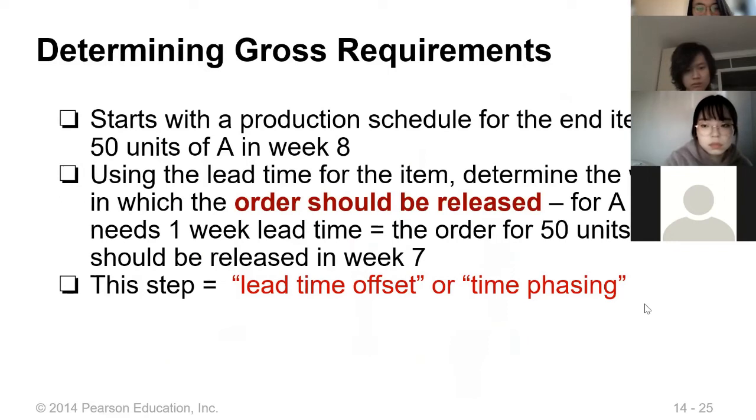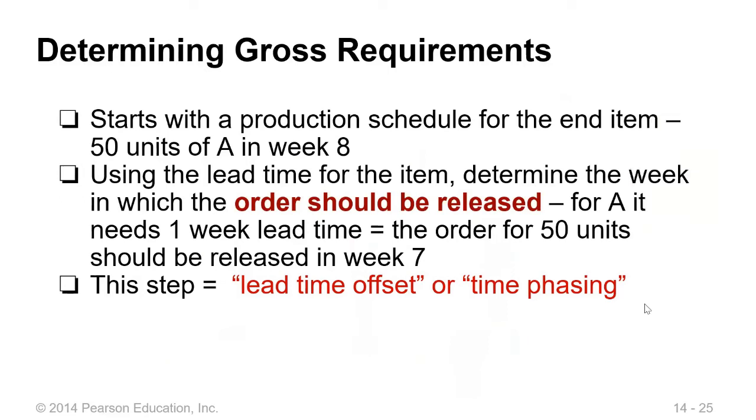So we'll start with this. The first concept to understand is gross requirements. Determining gross requirements. The same example, now we are talking about trying to produce 50 units of A in week 8.